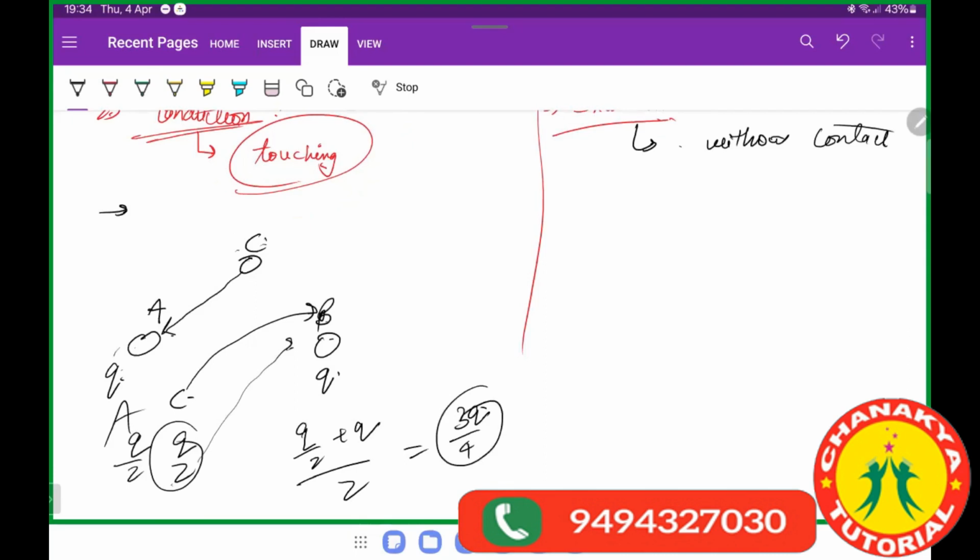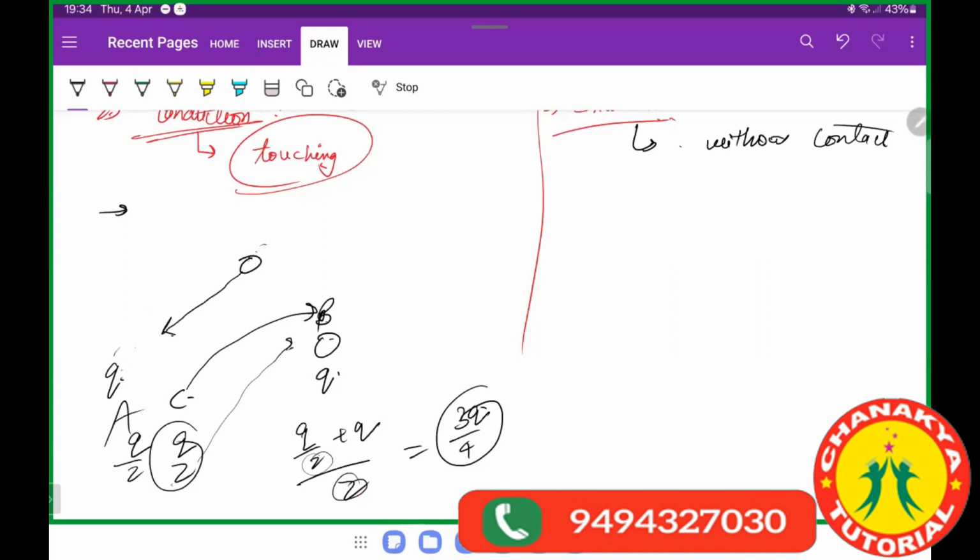There was one question asked based on this in your mains exam. This 2 and this 2 will become 4. It's compulsory to write the 2 down and divide.